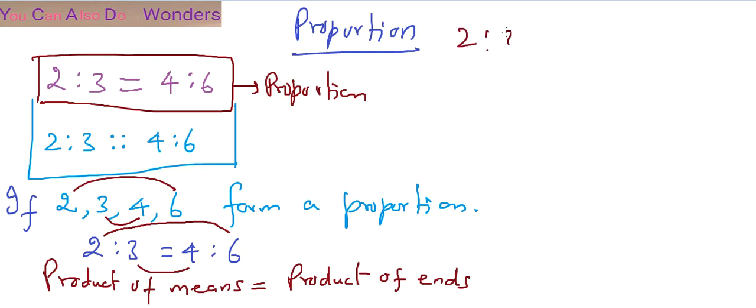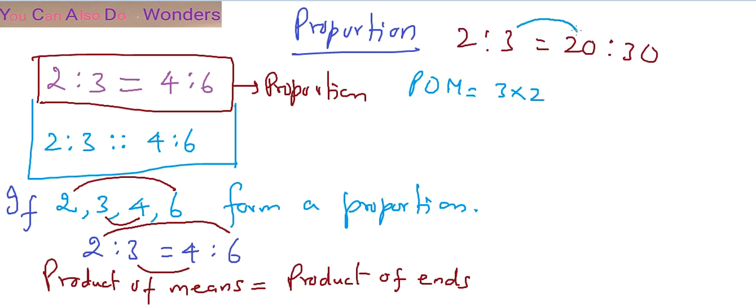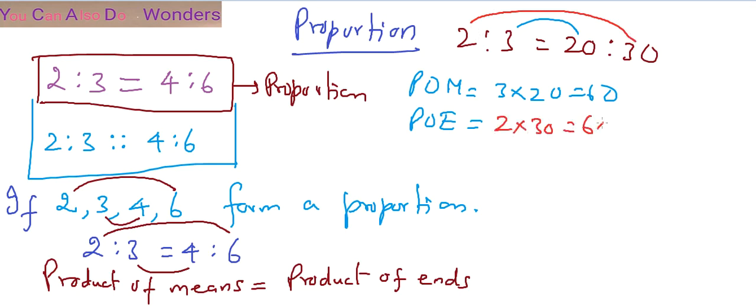Because we know 2:3 also equal to 20:30, isn't it? So here what is product of means? These are the means, correct? 3 into 20, 60. Product of ends, these are the end terms, 2 into 30, that's also 60.